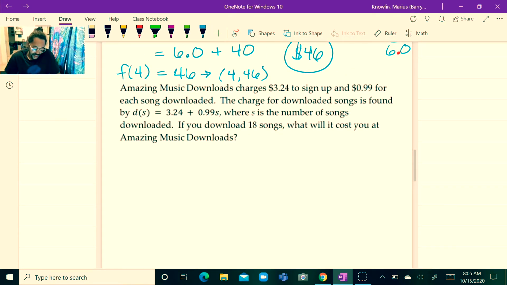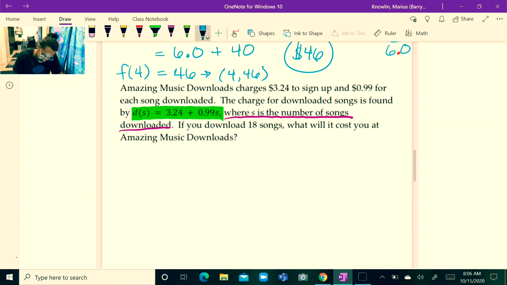Now, it says Amazing Music Downloads charges $3.24 to sign up and 99 cents for each song downloaded. The charge for downloaded songs is found by D of S equals 3.24 plus 0.99 times S, where S is the number of songs downloaded.